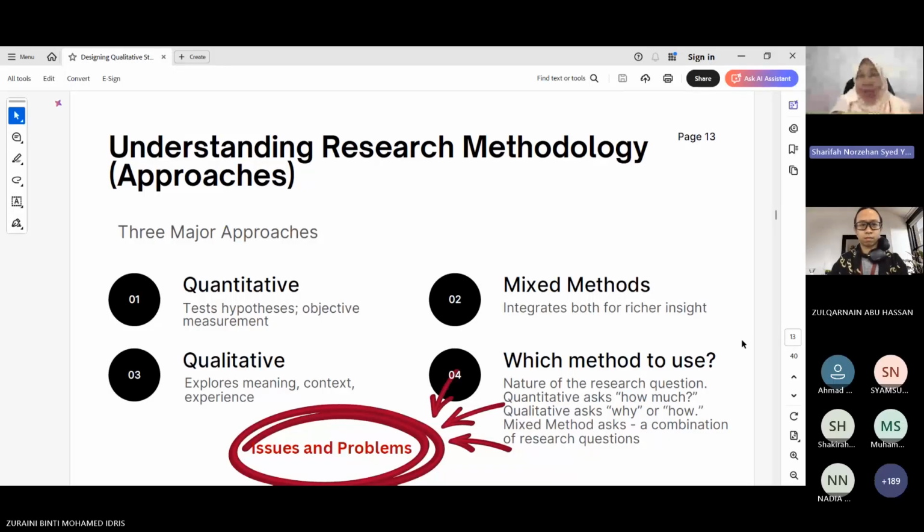And how are you going to know that? It all comes back to your issues and the problems that you want to look at. So that's how you normally will actually determine your method, whether quali, quanti, or mixed.